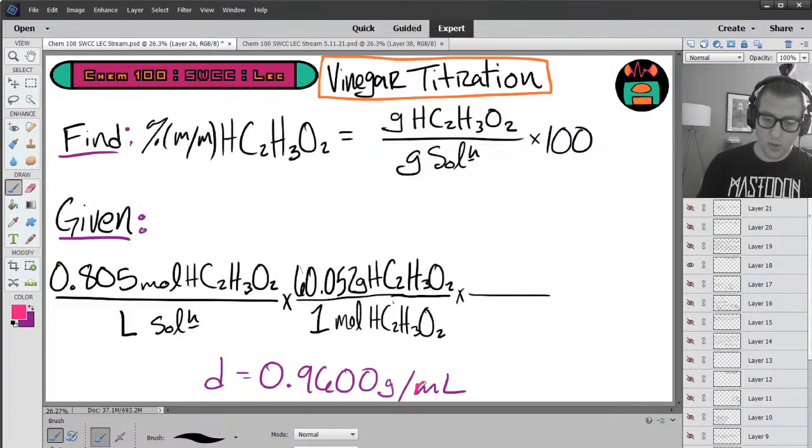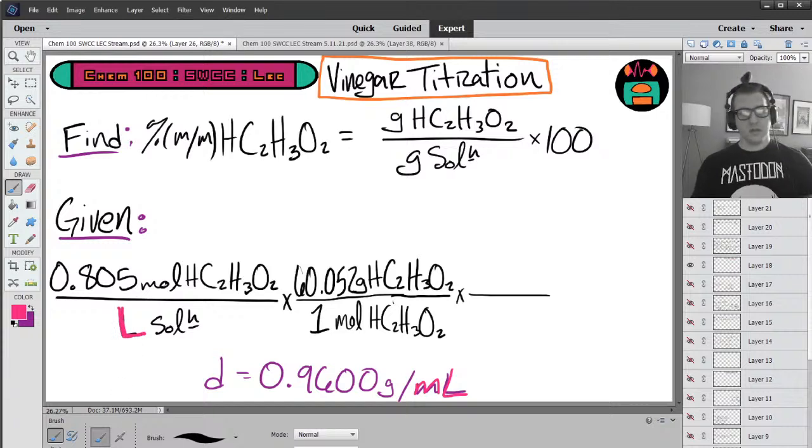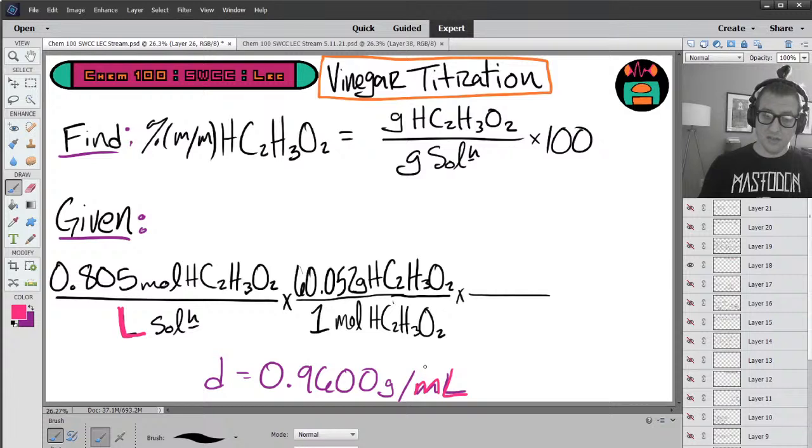And the volume of this solution is in liters. So we need to convert from liters to milliliters if we're going to use our density properly.